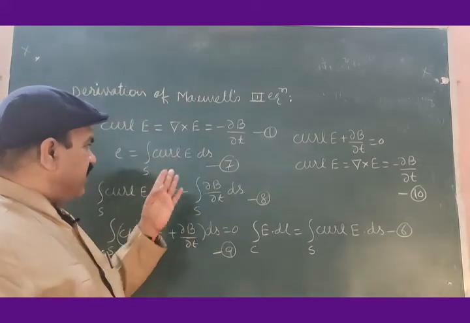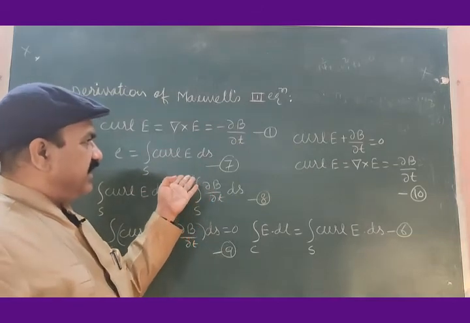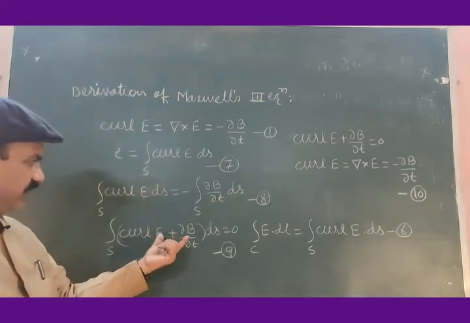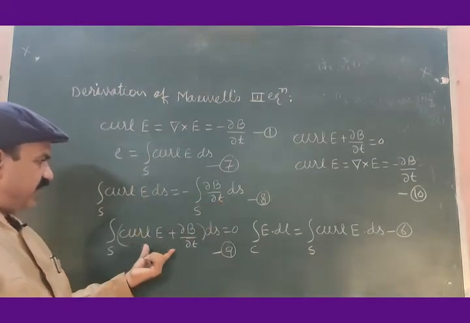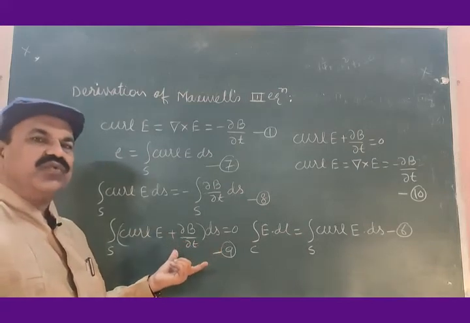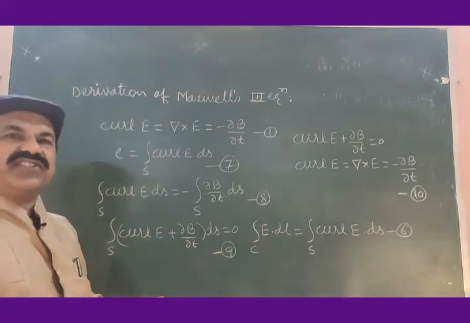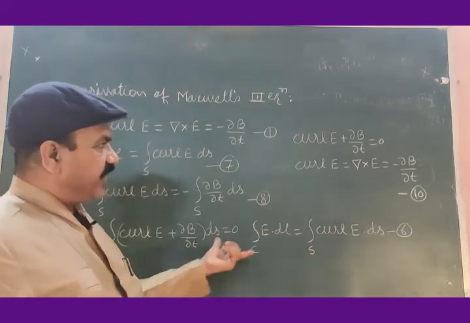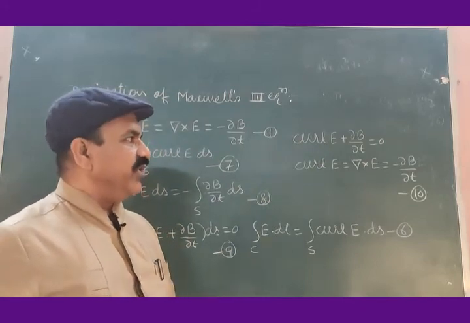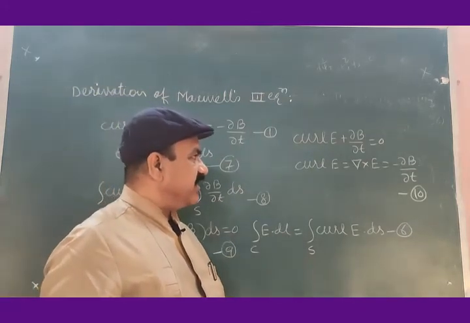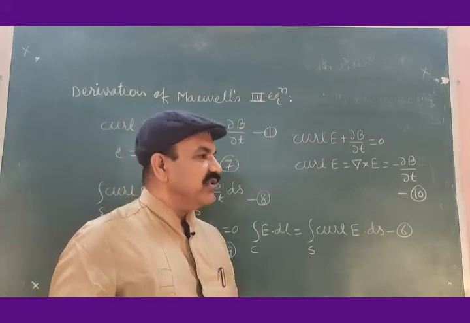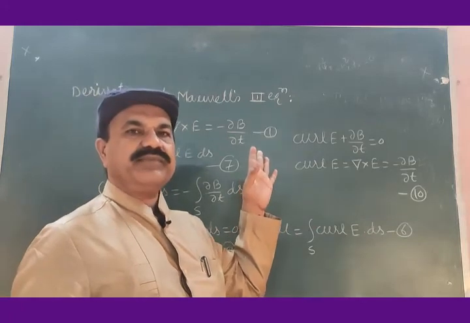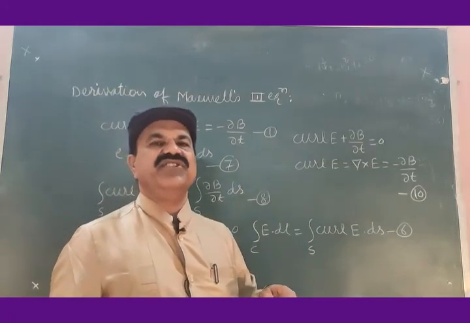Equating equations 6 and 7, we got this, and after equating, we transferred this term to this side to get equation 9. Equation 9 is true for any arbitrary surface, and therefore the integrand must vanish. If the integrand is vanishing, we will have curl E plus dou B by dou T is equal to 0. That is nothing but curl E is equal to del cross E is equal to minus dou B by dou T, which is the derivation of Maxwell's third equation.